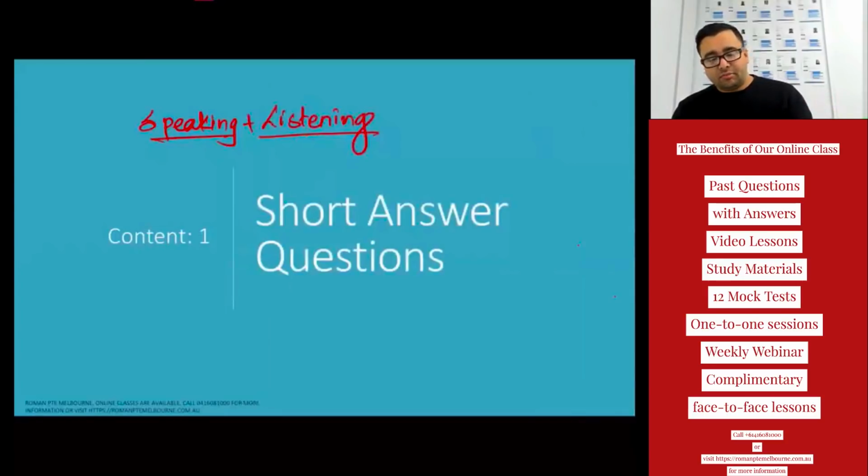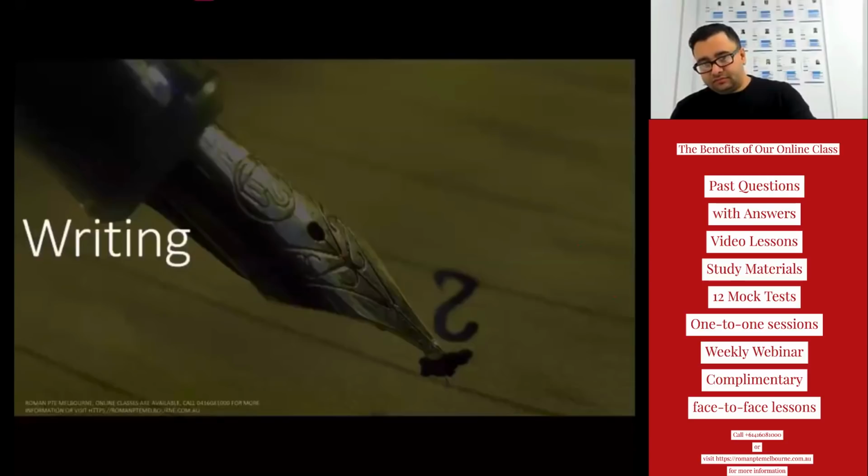In repeat sentence, it depends on the proportion of the sentence you could remember correctly. In describe image, it depends on the key information from the image you were able to include in the answer. In retell lecture, again, the key information from the lecture you could summarize and present. And in short answer question, there is only one criteria, that is vocabulary, whether you were able to answer the question or not. So these are the criteria for speaking.